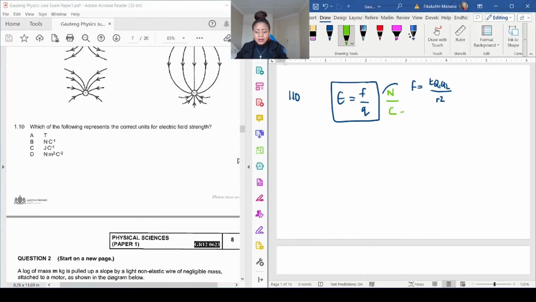Yes, if we bring the Coulomb up there, it'll be Newton per Coulomb. C, Joules per Coulomb, no. D, no. So we're going to go with B in this case for 1.10. And that closes the chapter for question 1 in this physics paper.